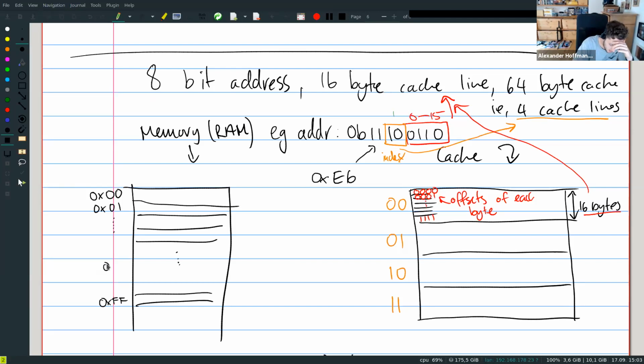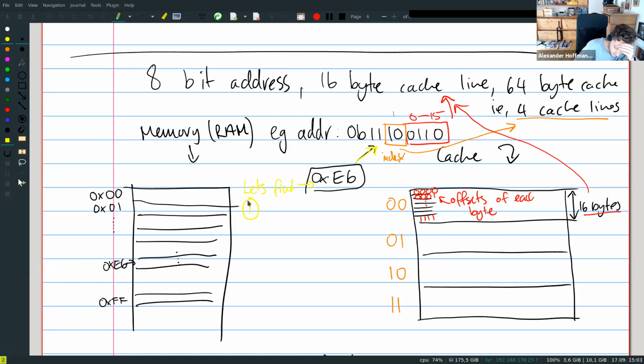So here we'd have 0xE6 somewhere. If we want to see if this memory address is in cache, we know that we want to load E6, which unpacks to look like this in binary. So the first step is to find E6, and this is this one up here.